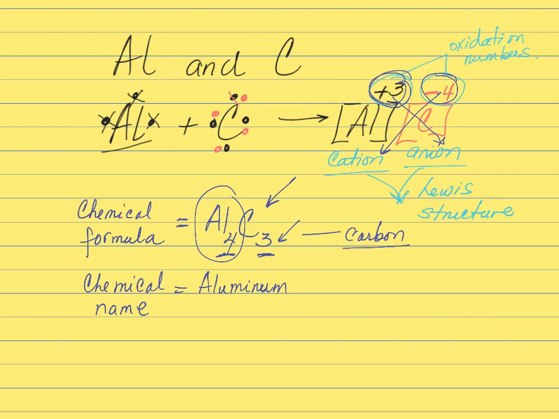You are dropping the ending of the element's name and then you are adding IDE. So it's aluminum carbide. It doesn't matter the numbers that you have at the subscript. The strategy to name an ionic compound is the same. You look at the cation. What is the name of the cation? The cation is not going to change the name. And then you look at the anion, and the anion, you're going to drop the ending of the element's name and then you're going to add IDE.